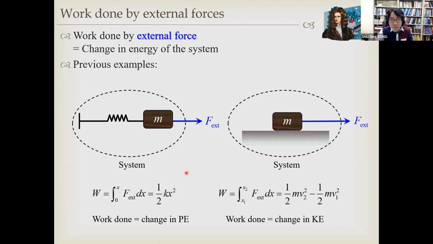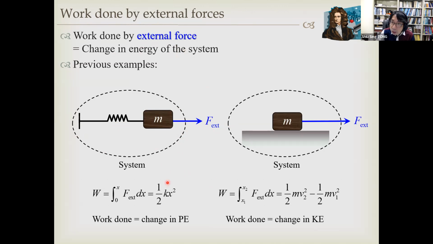For example, when we apply an external force on a spring mass system, a mass tied to a spring, that is called our system. And now I apply a force from the outside, then that is of course an external force, right?